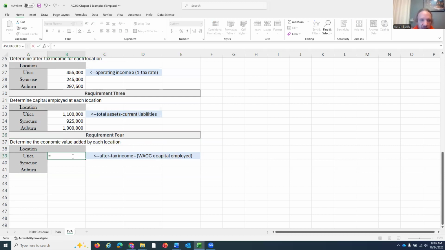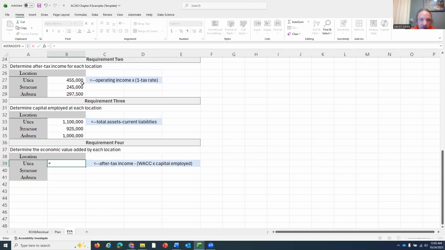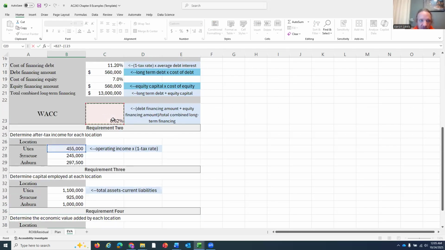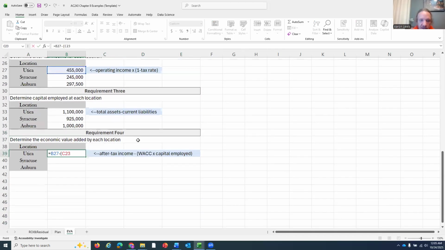So my after-tax income for Utica was 450,000 minus, open a parenthesis, our weighted average cost of capital, which we determined was 8.62%, times the amount of capital employed at that location, which is $1.1 million. And it comes out to be $360,230.77.